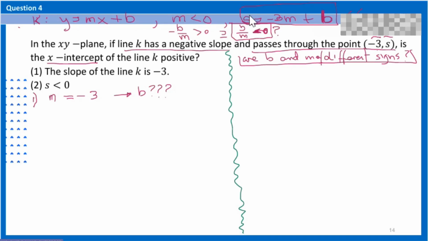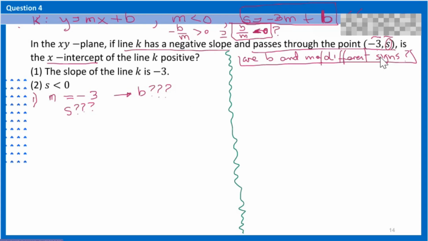Unfortunately, this depends also on s. If from that relationship I would like to establish the value of b, I would first have to know the value of m and the value of s. Unfortunately, s is unknown. I have nothing to say about s.